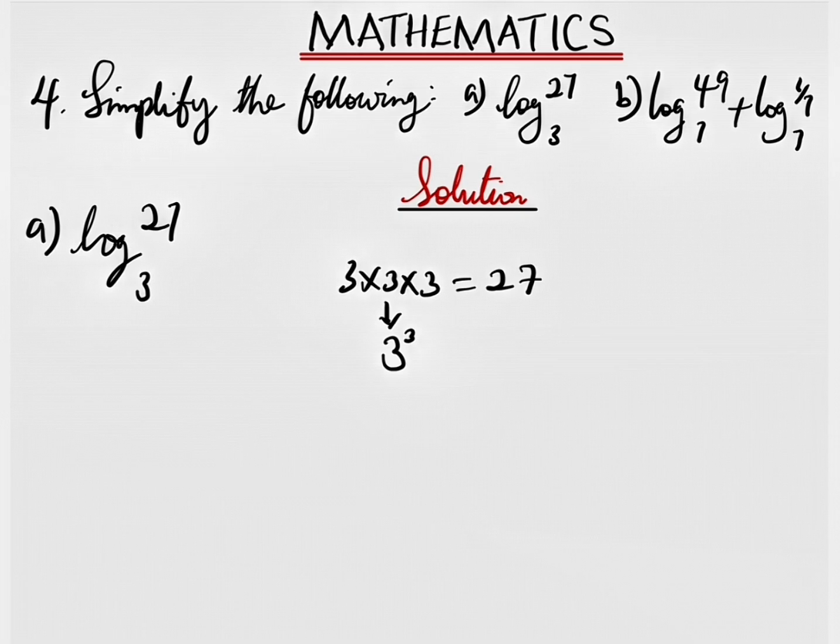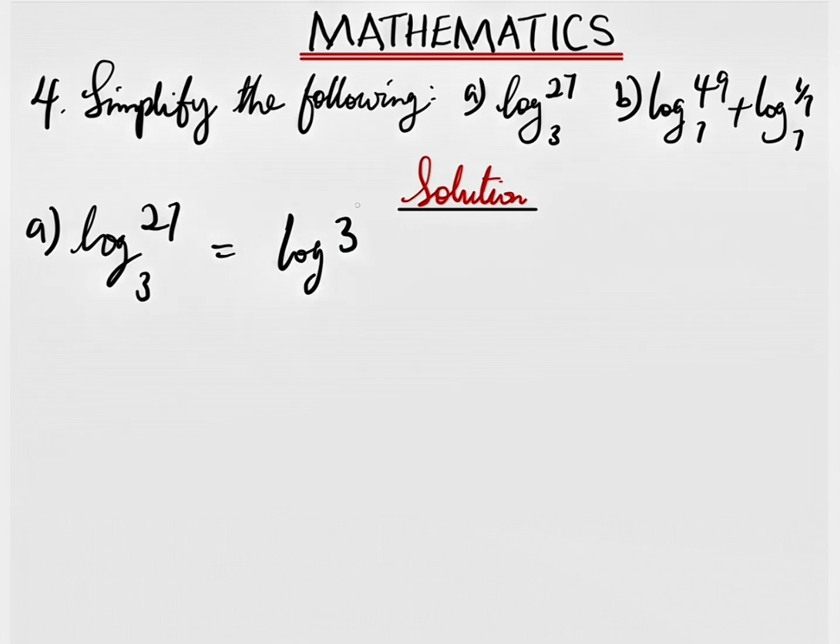I know this in index form is 3 to the third power. What we want is to make the base of the argument and the base of the log the same. All right. So we can express this as log 3 to the third power base 3.